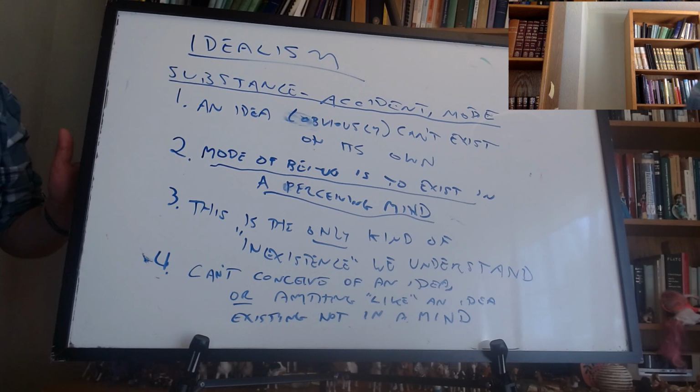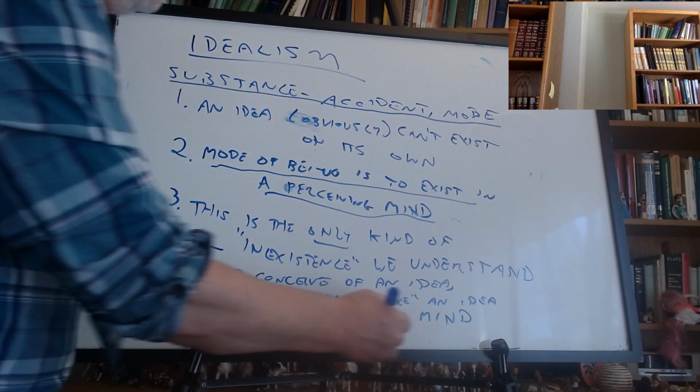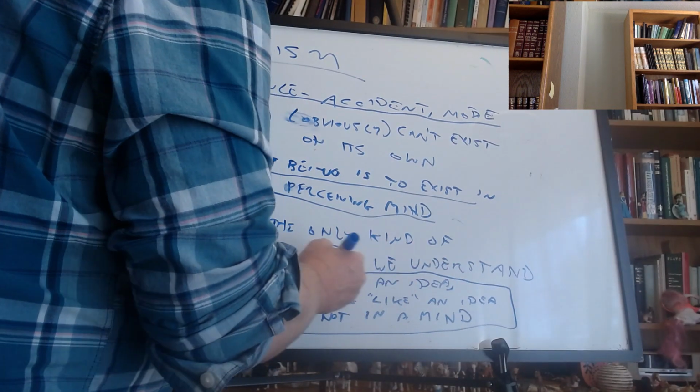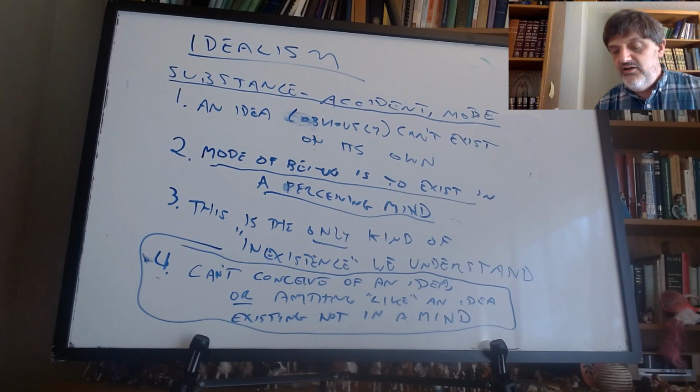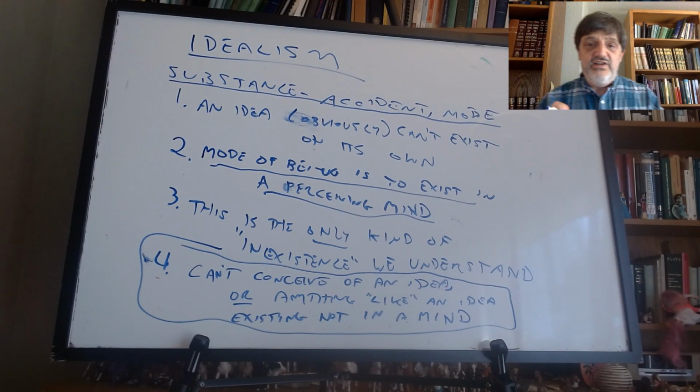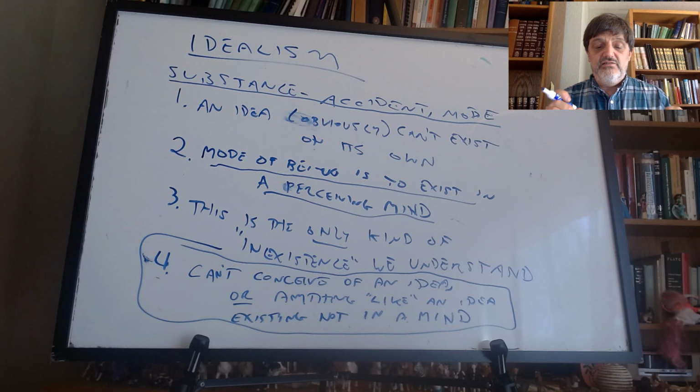So this is the strong idealist conclusion. It says that the ideas we actually have, like color ideas, sound ideas, shape ideas, and so forth, can't also exist somewhere else.